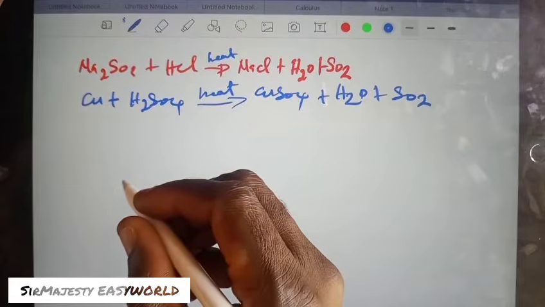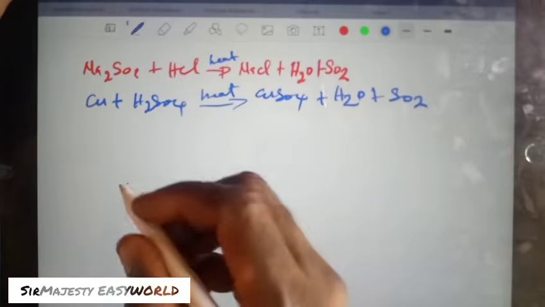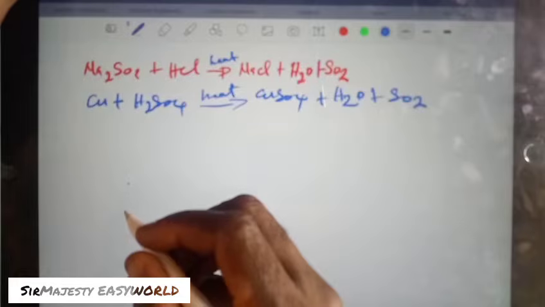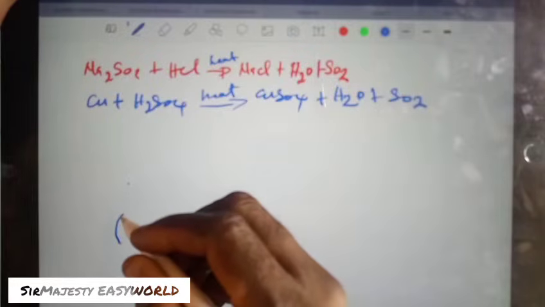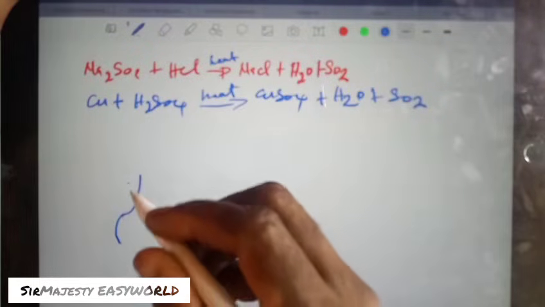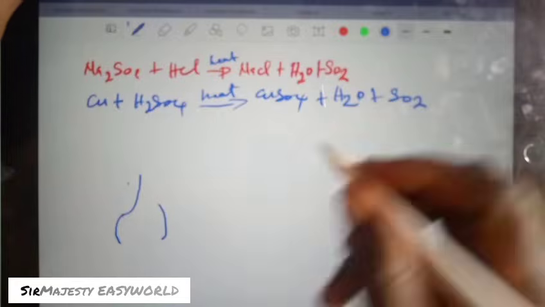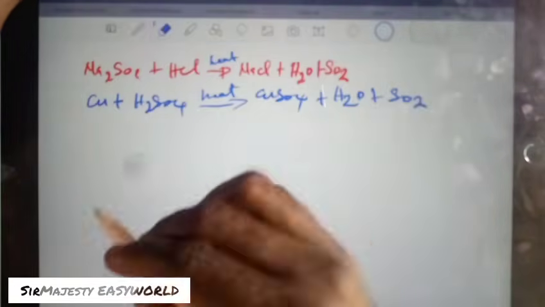First, you draw your round bottom flask. Remember, it's a sketch, I'm not a perfect artist.